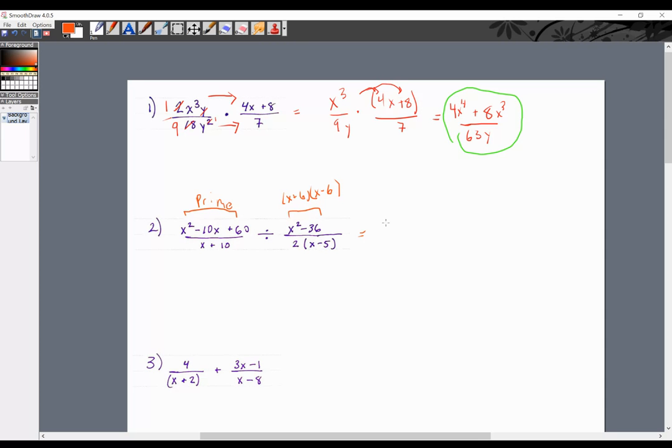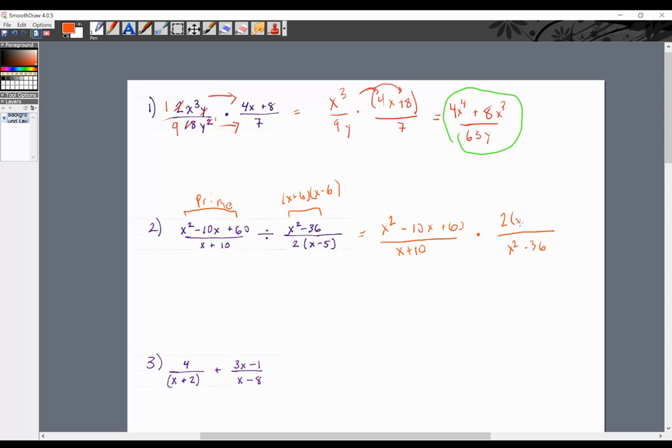So stay, change, flip. Change to multiplication. Flip the fraction, so x squared minus 36 on the bottom.